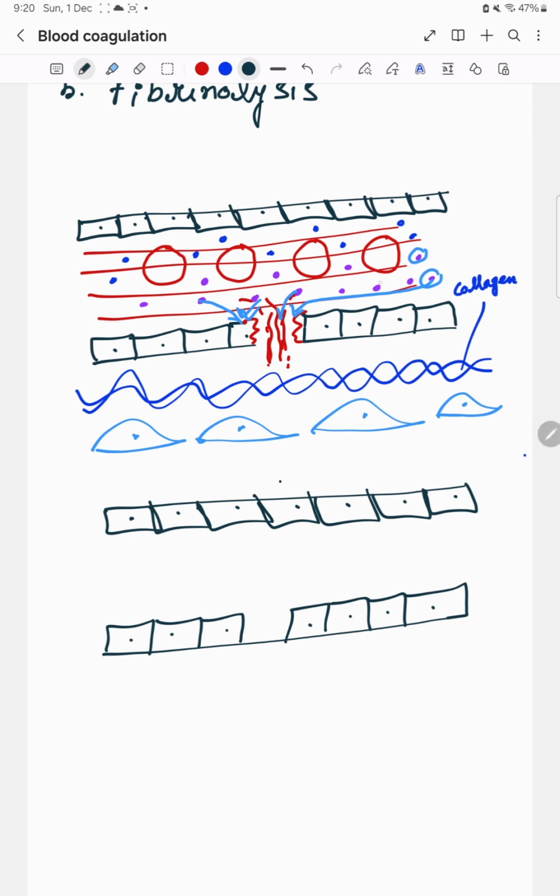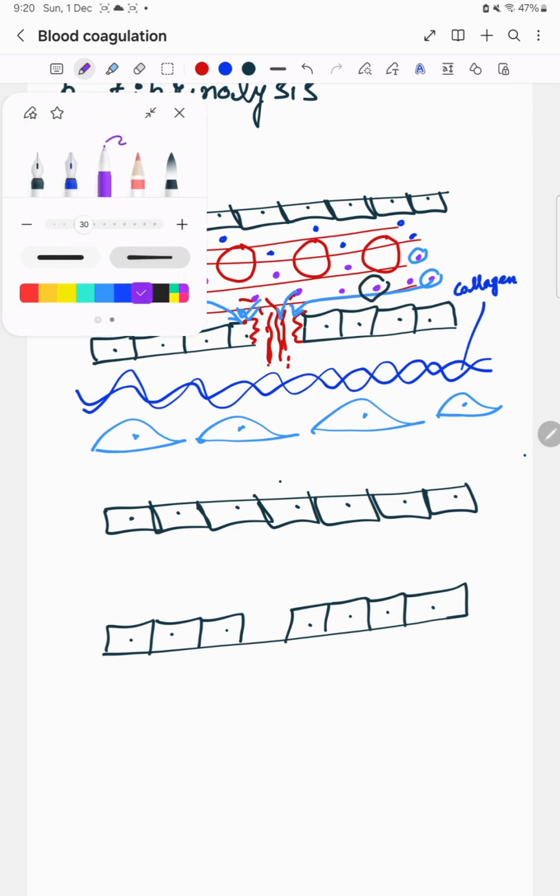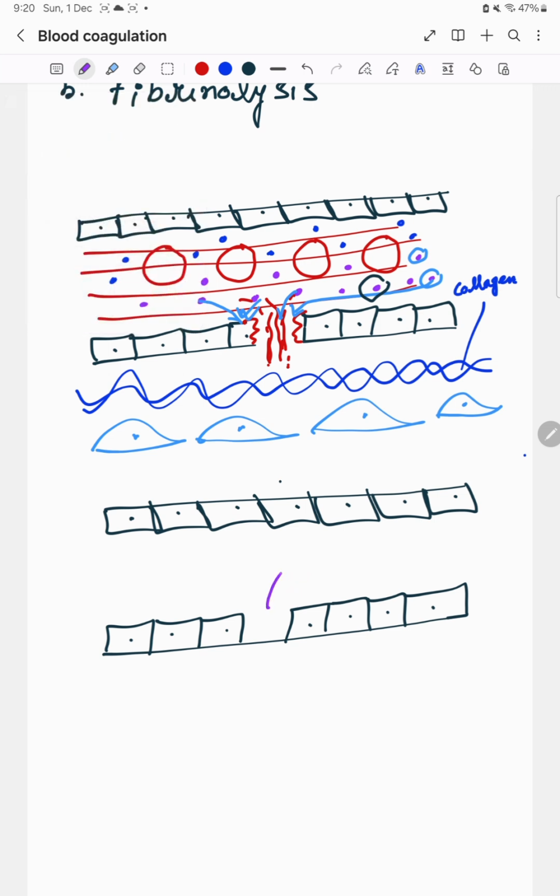So if I draw this platelet molecule in a bigger size, they will change their shape. Okay, so the platelet looks like this, they change their shape this way. This is the modification, and they attach at the site of injury, because you can see there is a blood loss.